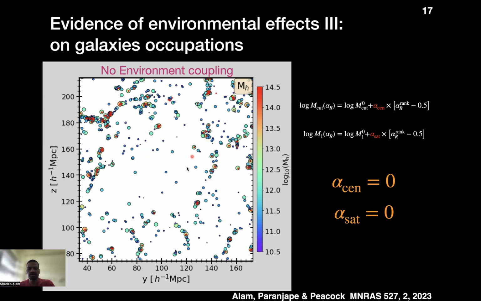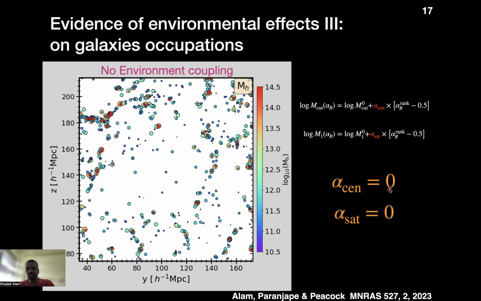It's a host halo mass only case, which means, let's say my HOD parameter is dependent on additional freedom, alpha central and alpha satellite, for both central and satellite galaxies, then I set them to 0. Essentially, no environmental dependence is there. Then you see a picture like this.